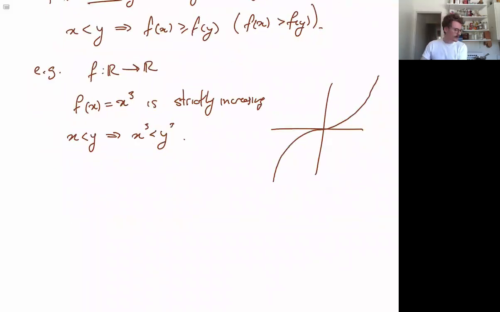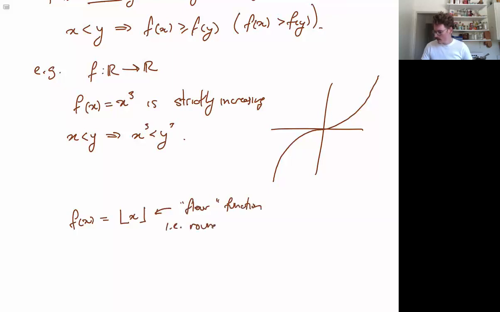So that's an example. Can we write down a function that is increasing but not strictly? We can. Here is another example. F of x equals bottom brackets x, which is the floor function. And what that means is round down.